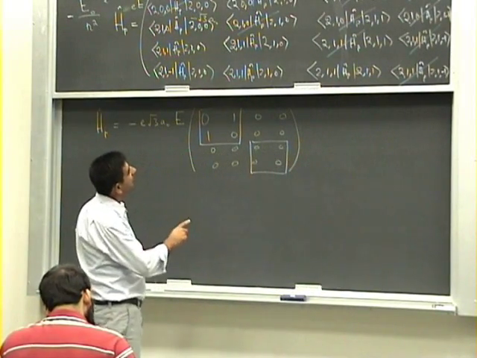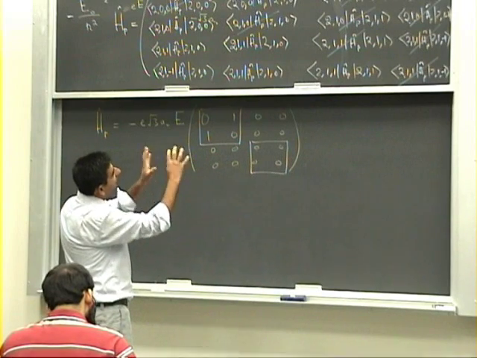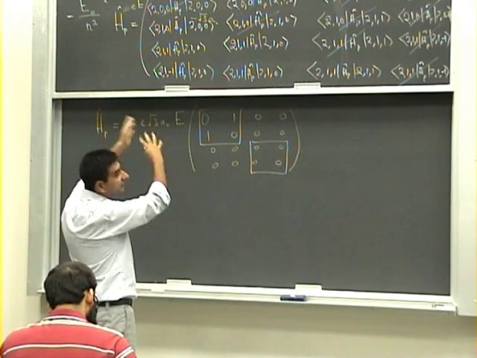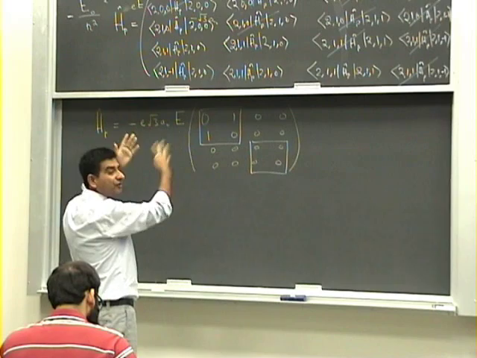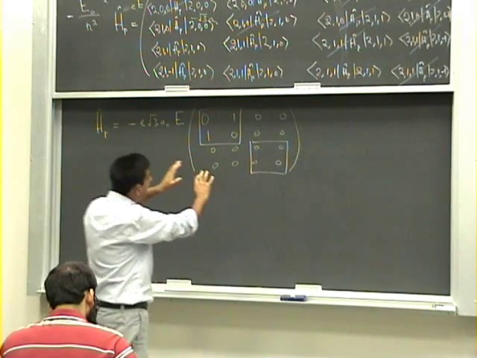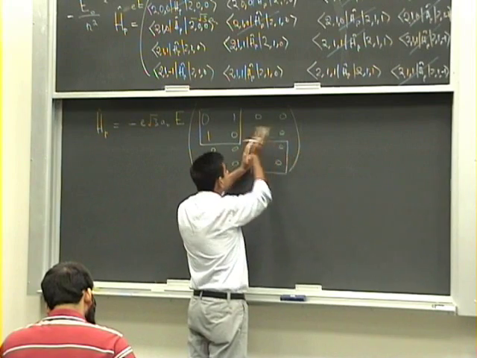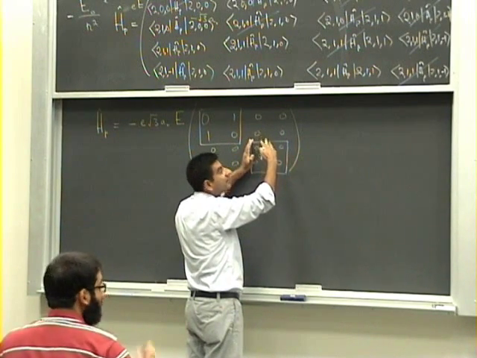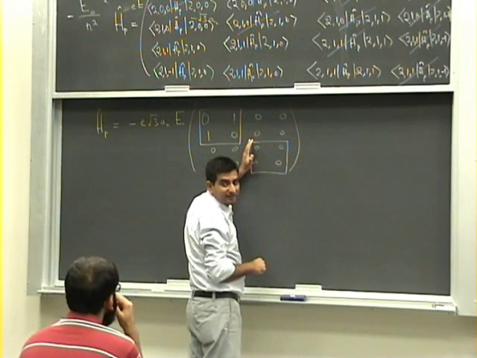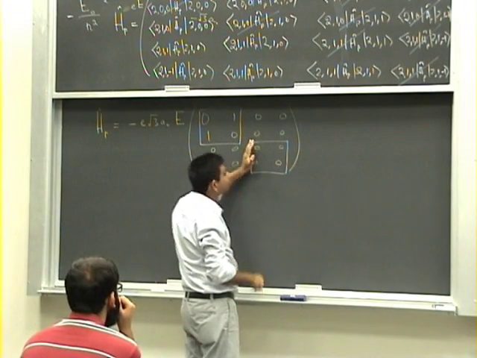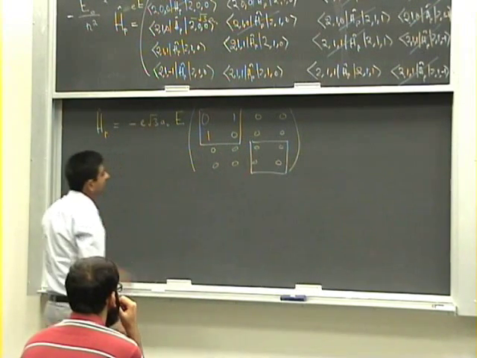So there is no connection between the third and the fourth state with either the first or the second. So the third and the fourth states form a separate subspace of their own that has nothing to do with the subspace spanned by the first two eigenstates. Correct? So this is how we can break up this matrix into two parts.